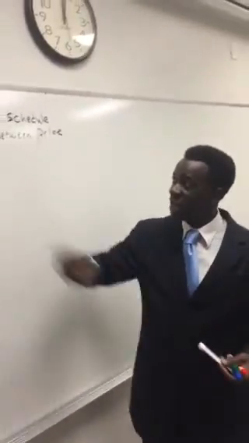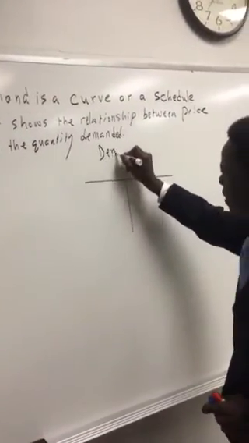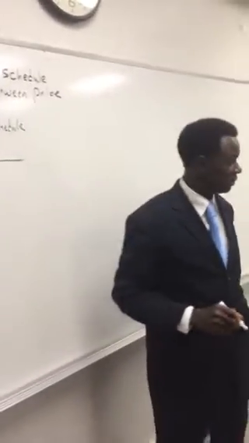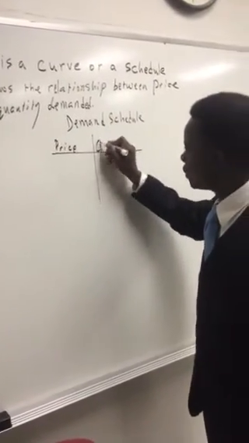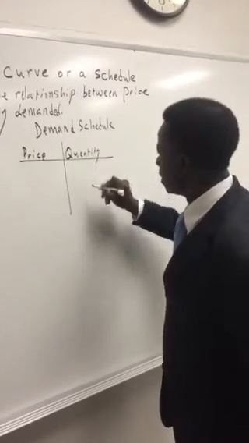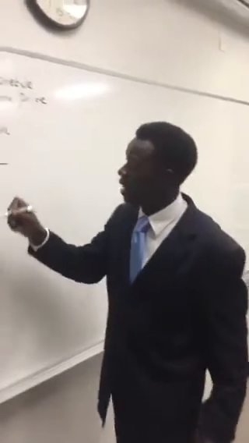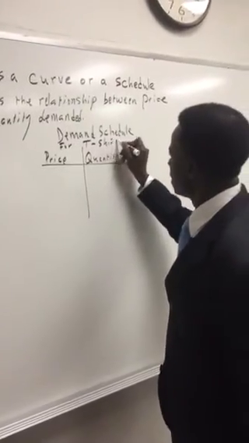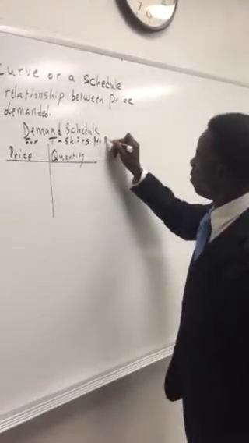Now, we said demand is a curve or a schedule. First of all, let's begin with the schedule. This is the demand schedule. We have the price and the quantity, say a demand schedule for t-shirts per month.